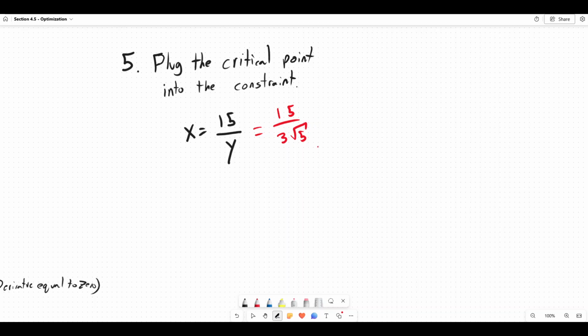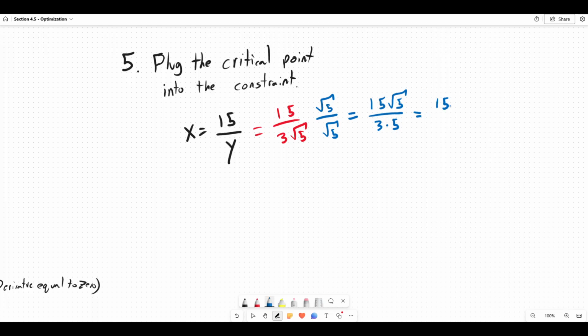Now, how do we solve this? First things first, I'm going to multiply both sides by the square root of 5, and that's just to try and simplify this denominator. This is going to be 15 times the square root of 5 over 3 times 5, because remember, square root of 5 times square root of 5 is 5. Now, 3 times 5 is 15.